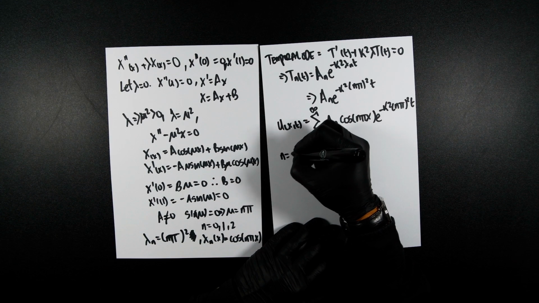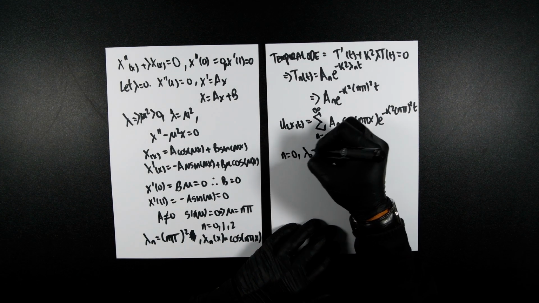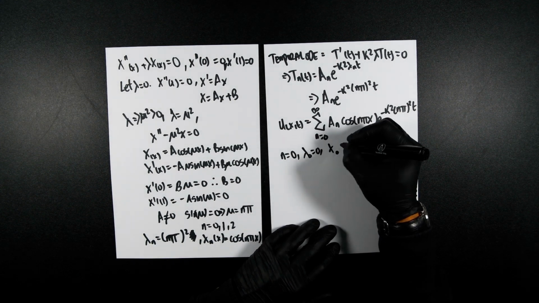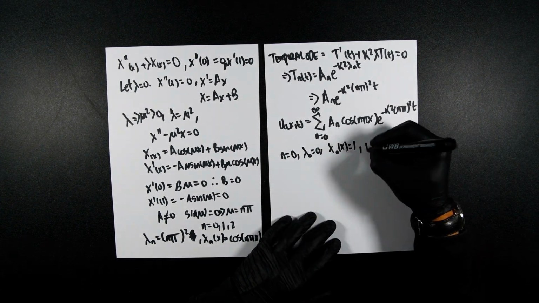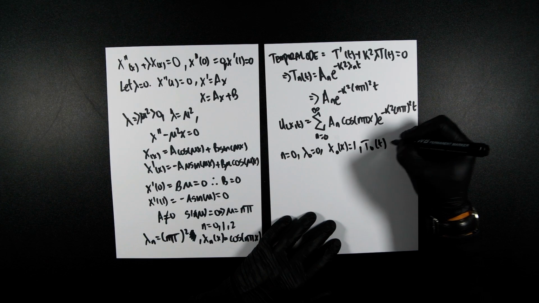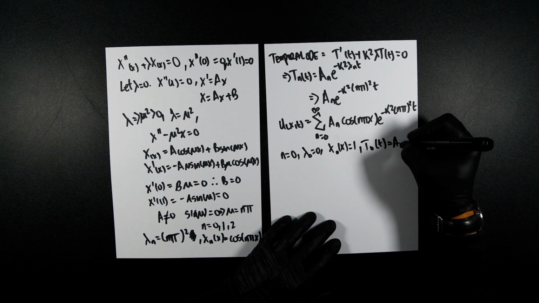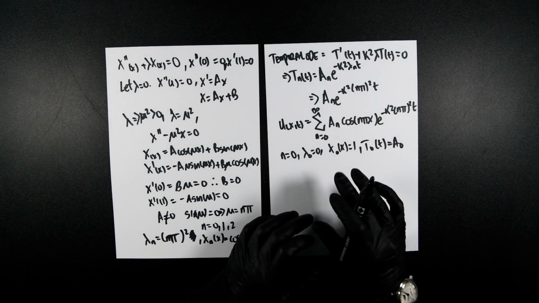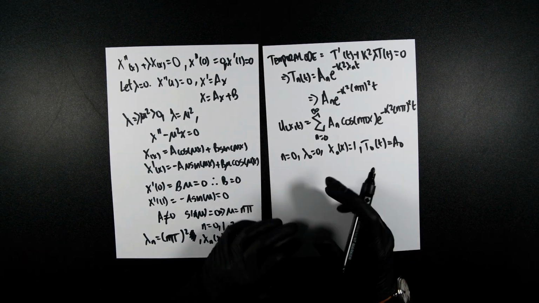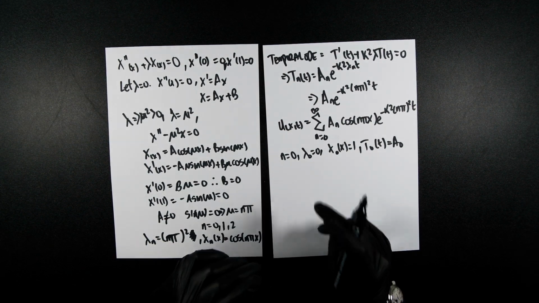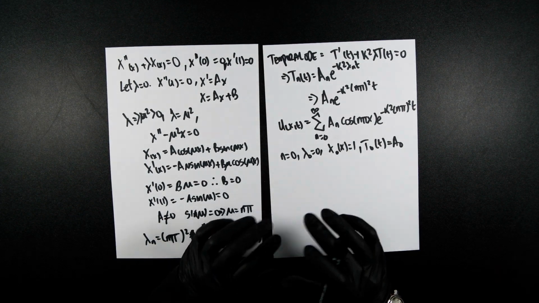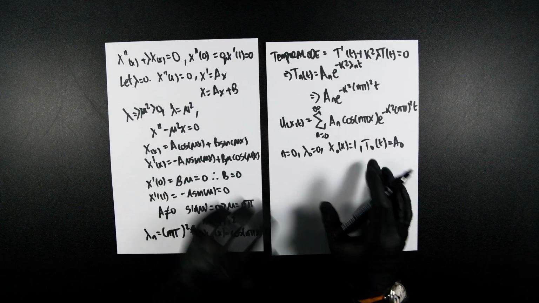But for n equals 0, lambda 0 equals 0, X 0 of x equals 1. I'm using the boundary conditions. T 0 of t equals a 0, which is a constant in time. So for n equal to or greater than 1, the exponential decays over time.